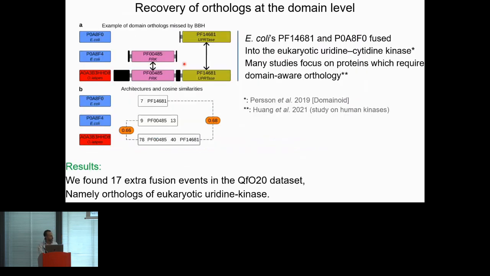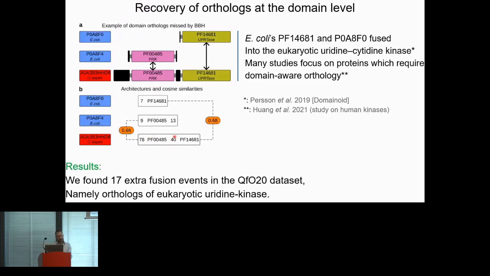To give an example of why this is important, there is an example in Domainoid, which is another method, of a fusion in which these two sequences from E. coli fused and created the eukaryotic uridine-cytidine kinase. If you see the bottom here, this is how it looks in the model.